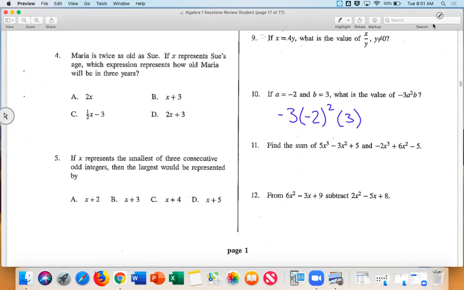So Nate, following order of operations, what is -2 times -2? 4. And then we have -3 times 4, which is -12. Times 3 is -36. Very good.